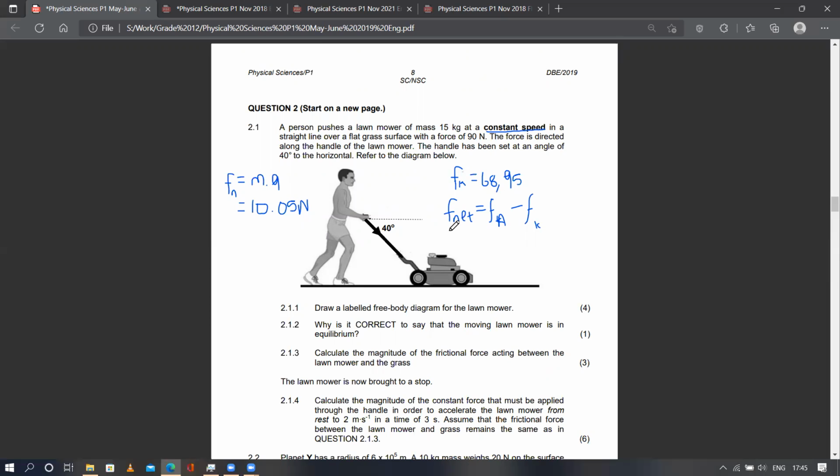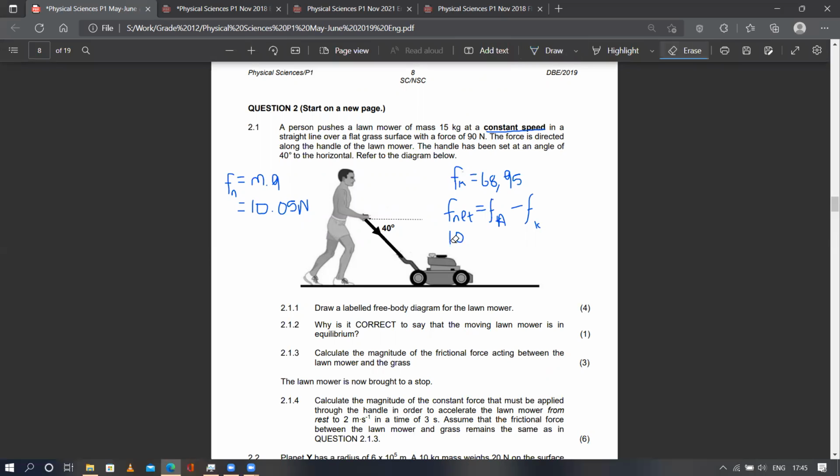So here we're going to substitute our values. It's going to be 10.0. Oh, sorry. First, let me make our force applied the subject of the formula to make it easier.